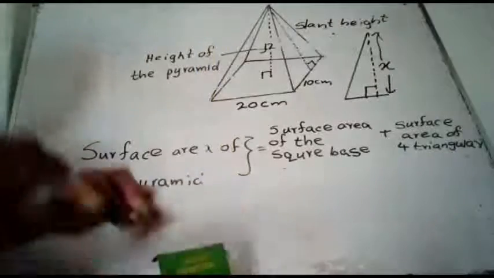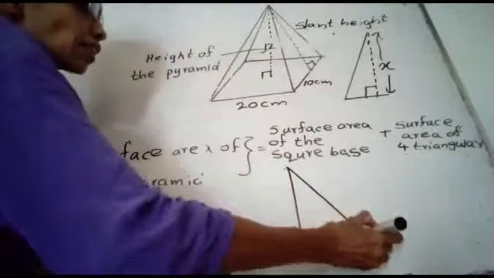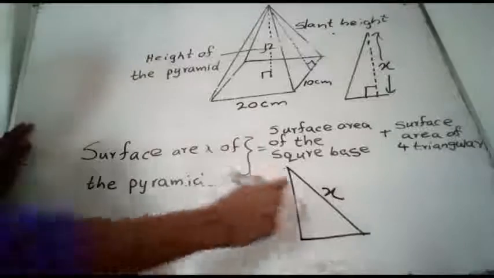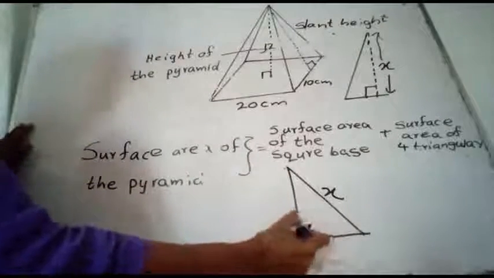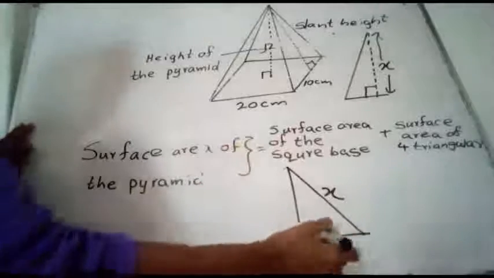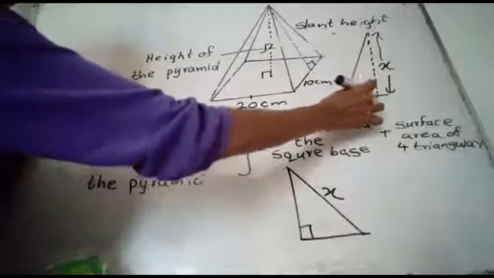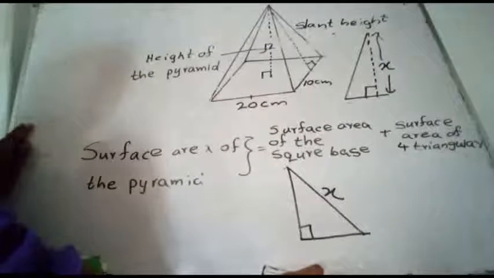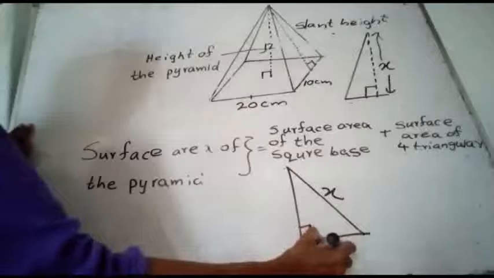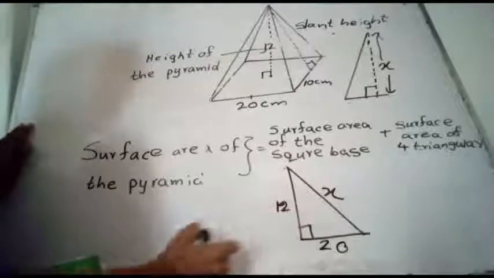This x in this right angle triangle is the length of the diagonal. And here there is a right angle. This length is half of 20.